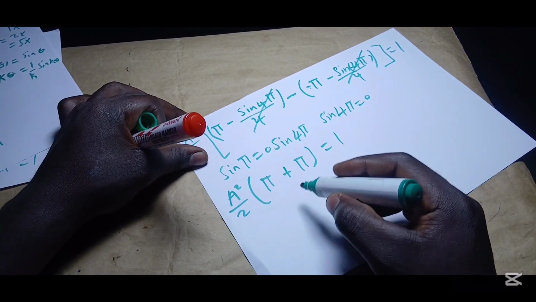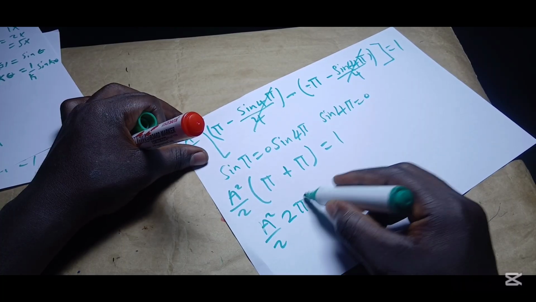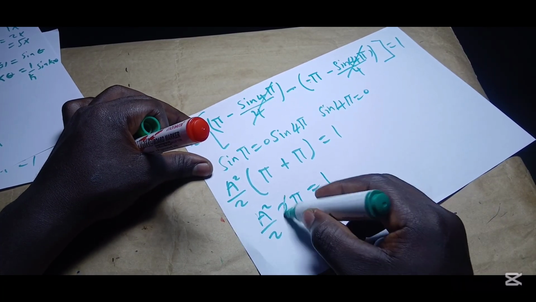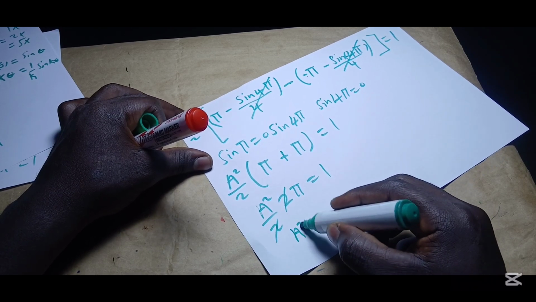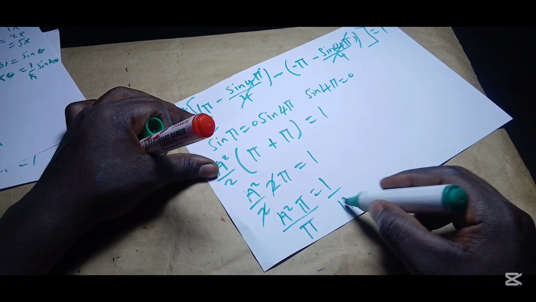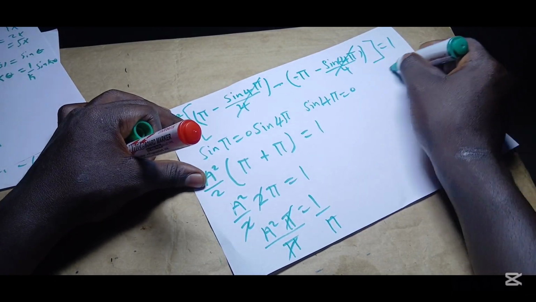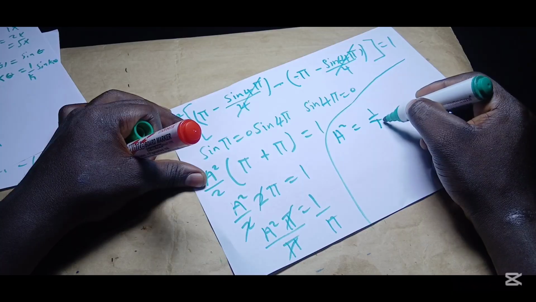So in this case, pi plus pi gives us 2 pi. So a squared over 2 multiplying 2 pi equal 1. 2 can take care of 2, and then we are left with a squared pi equal 1. Dividing both sides by pi, this cancels that. Then our a squared equal 1 over pi.